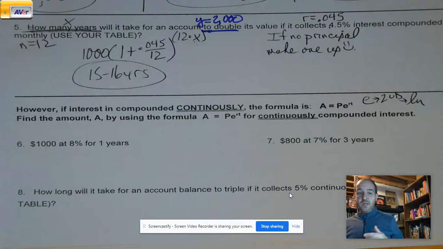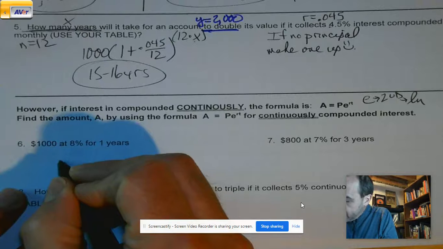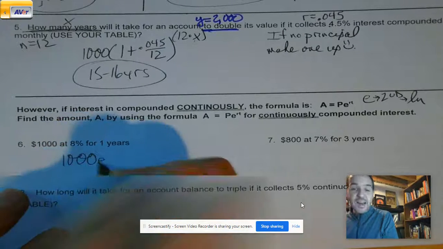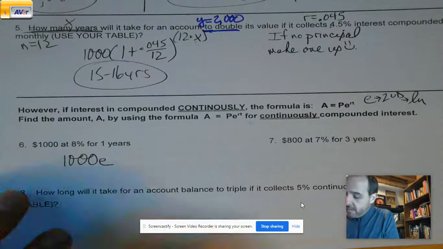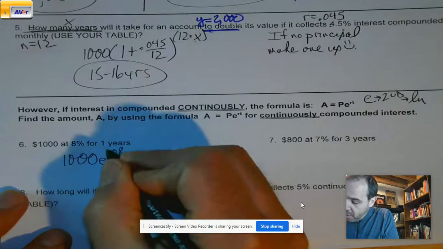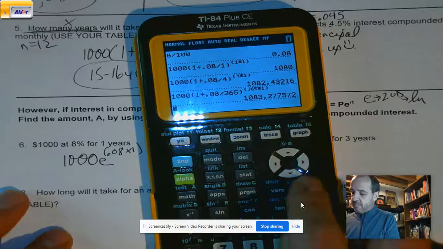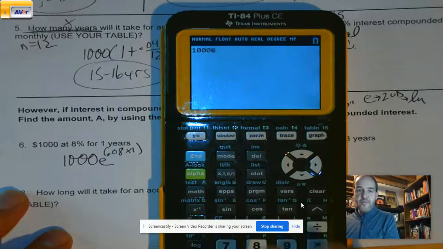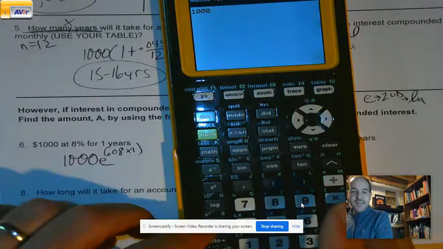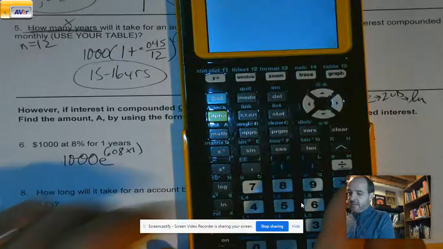So, $1,000, 8% for 1 year. Here we go. So, $1,000. e never changes. e is always going to be there. And then our rate times our time. This one we don't need the chart. 1,000, second natural log, there's my e.